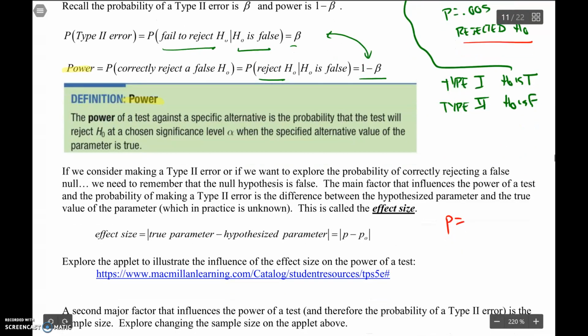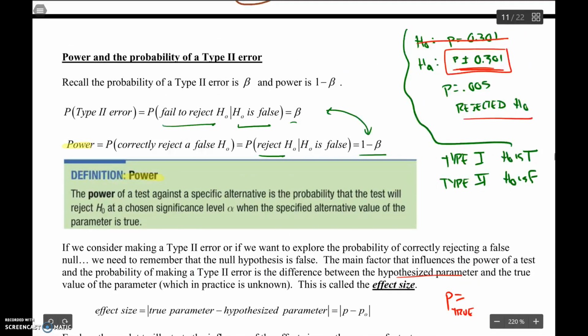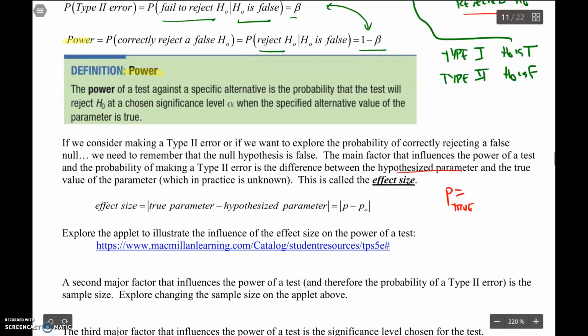The main factor that influences the power of the test and the probability of making a type 2 error is the difference between the hypothesized parameter and the true parameter. So in this case here, it's not going to be your sample. Your sample is just another number also, but we got a sample of 0.227, right? So maybe the true value is, I don't know, 0.24 perhaps. So the question then is, what is the true value?